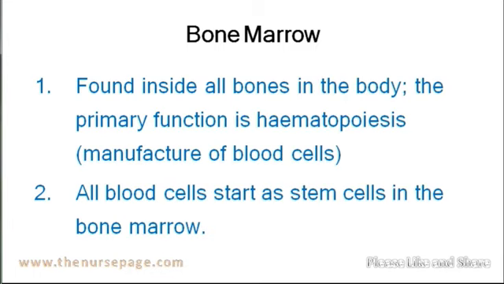All blood cells start as stem cells in the bone marrow. Then after maturation, they become RBC and WBC.